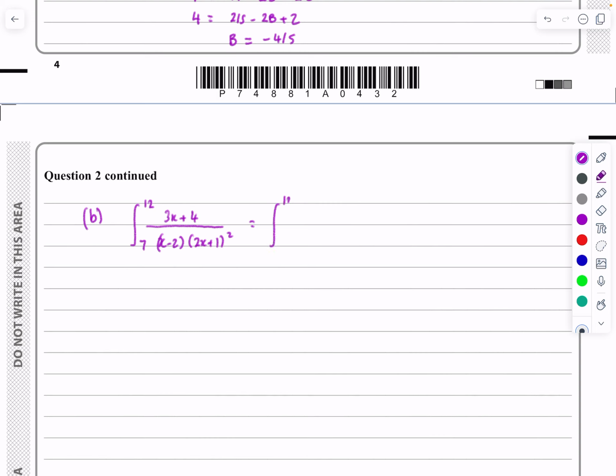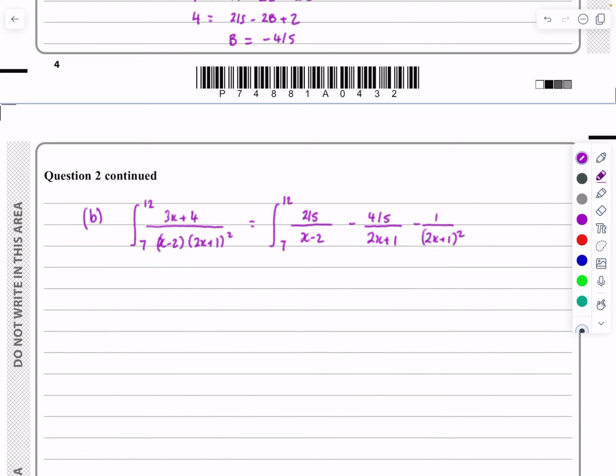So between 12 and 7, it's going to be putting 2/5 in there, x minus 2, putting 4/5 in there. And I'm going to write it out like this. I might tidy it up and make it look a little bit neater in a minute, but to start off with, and then minus 1, wasn't it? Minus 1 over 2x plus 1, all squared as we're looking in there.